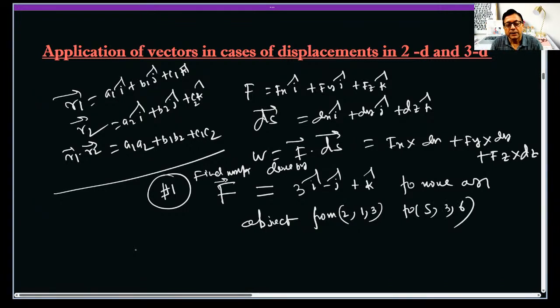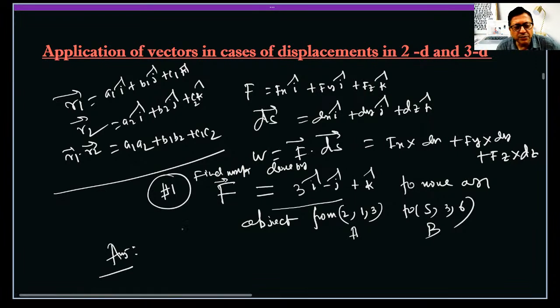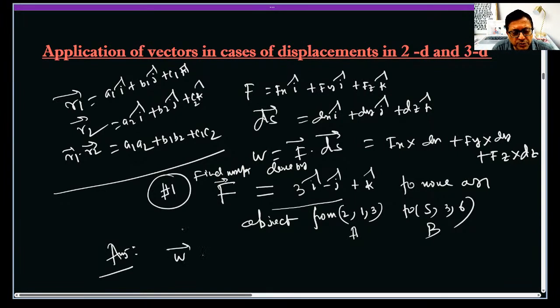Okay, this force is given here. A is the initial position, B is the final position. So how do you account for the work done? That work done is going to be W equal to F dot S, F dot AB.